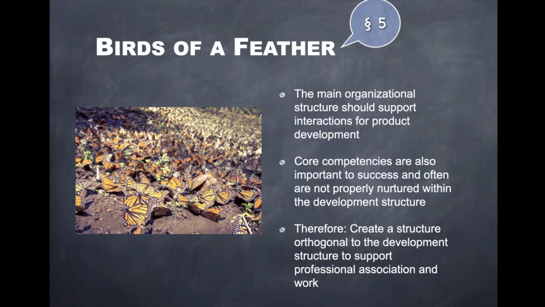These are core competency groups or competency development groups. So a Scrum team is a unit of delivery. They deliver features. But we have other organizations that may gather around an interest in the Java programming language. Or maybe all the people who are interested in learning about testing want to get together now and then and talk about testing or about UX.